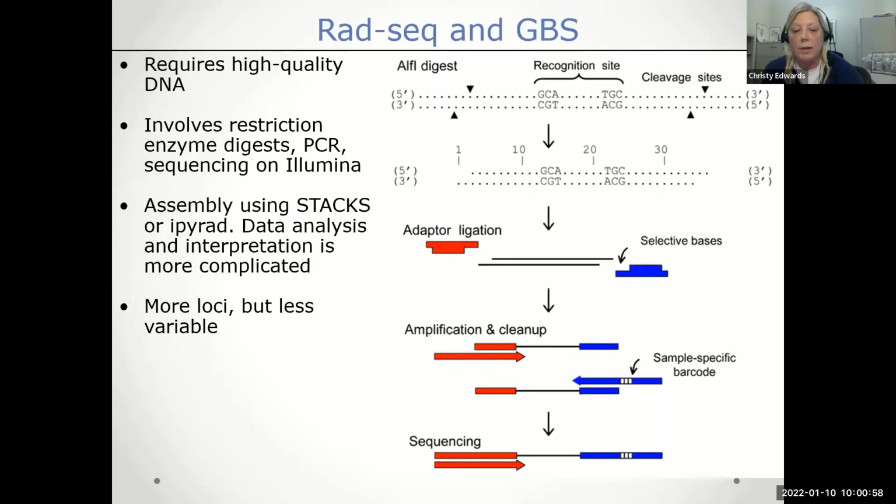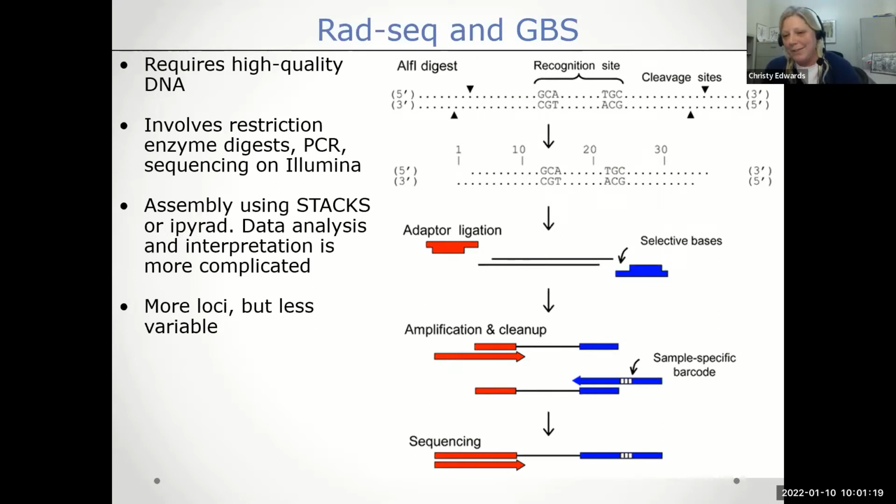Then you usually do some sort of sample-specific barcode addition through PCR. And then you pool the samples and sequence them. We'll usually pool 96 individuals and put them on an Illumina HiSeq, and it will bring back about 400 million sequences.